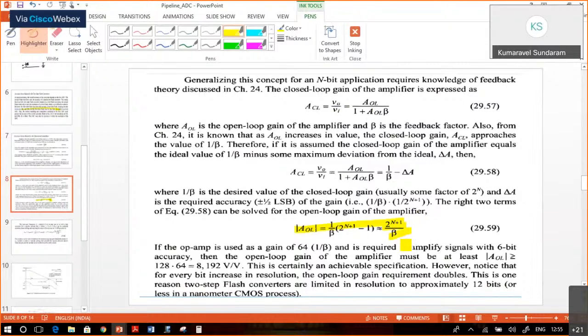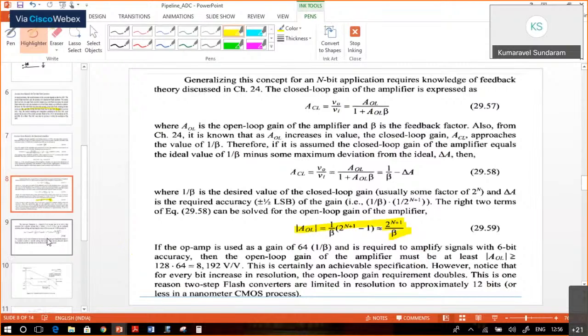Okay, beta is the feedback factor. If you are going to take it in unity gain configuration, beta equal to 1. If you are going to achieve 2 power n, your open loop gain should be 2 power n plus 1. The gain of the amplifier should be greater than or equal to 2 power n plus 1.